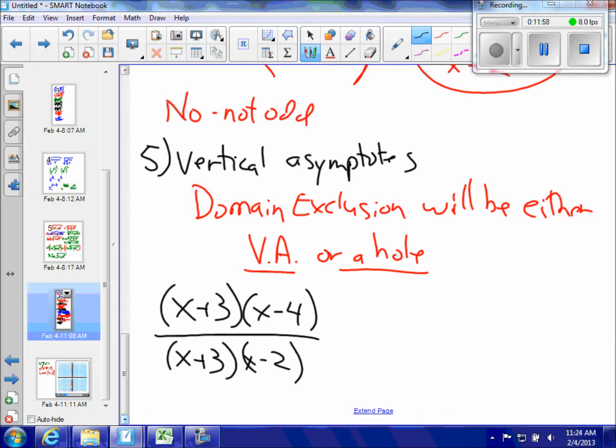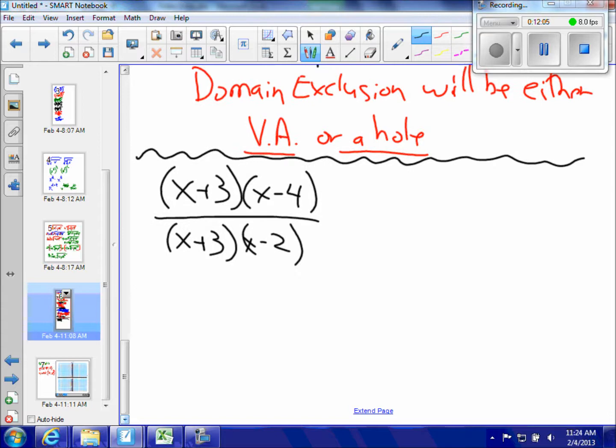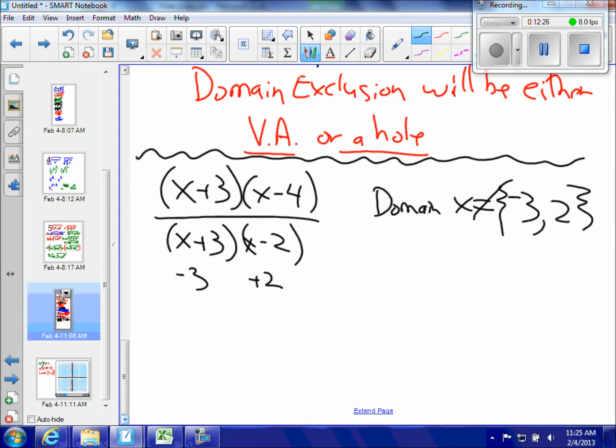It's a different rational function, but I want to point out how this works. My domain exclusion, domain x cannot be equal to -3, and it cannot be equal to +2. Those are these right here. -3, +2. Those are my domain exclusions.